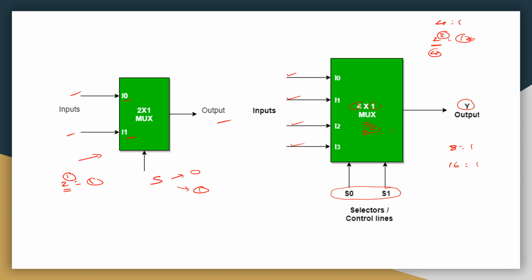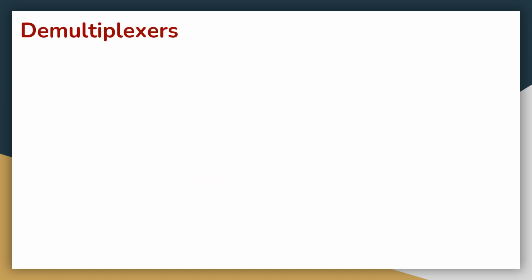Now we are going to learn about demultiplexers. These are just the opposite function. If a multiplexer is 2 power n to 1, then a demultiplexer is 1 to 2 power n.